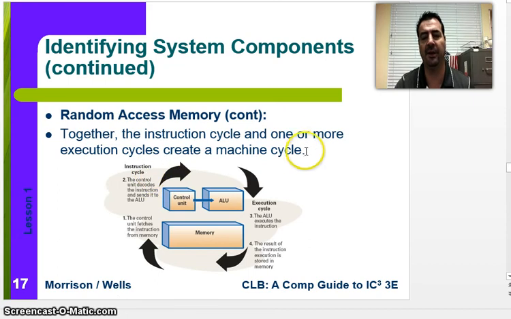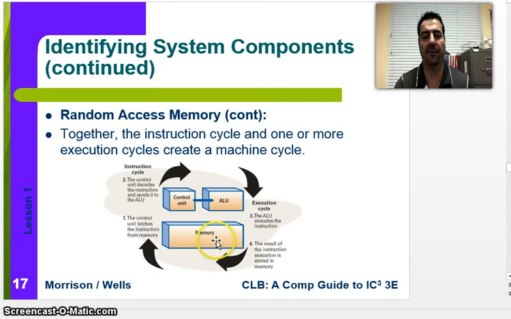The next slide actually shows, you see right here, the instruction cycle. And you remember yesterday when we did that little exercise where we created binary and then brought it over to the other people and they decoded it? Well, they were actually the control unit, because it says right here, the control unit decodes the instructions and sends them to the ALU. The ALU is the arithmetic logic unit. It receives information and needs to determine whether it needs to perform a logical function at that point, an and, an or, or a not.